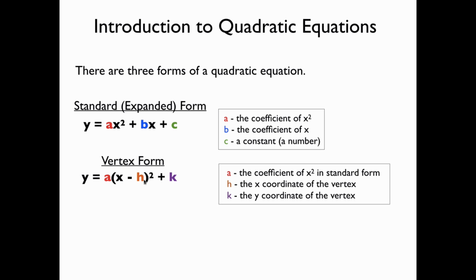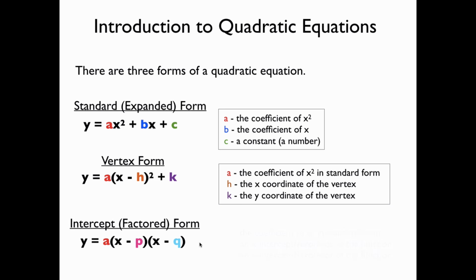Now h, this value right here, represents the x-coordinate of the vertex, and k, this value over here, represents the y-coordinate of the vertex. And finally, intercept or factored form is y equals a times x minus p times x minus q.